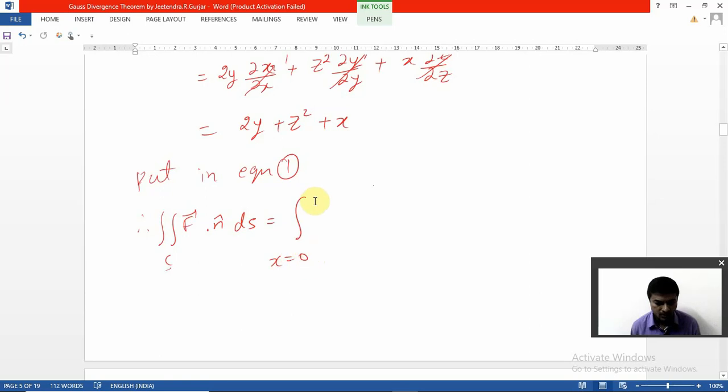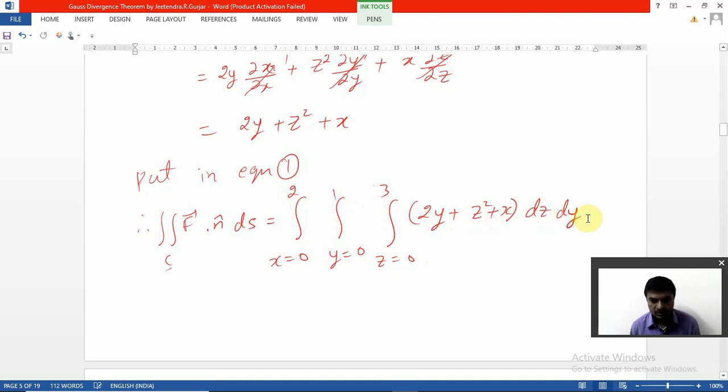First, always you are going to take x, then you are going to take y, and then you are going to take z. So all the values I am substituting only in one line. You can see, don't make any mistake, don't give any chance to the examiner to cut your marks. This step is very important.